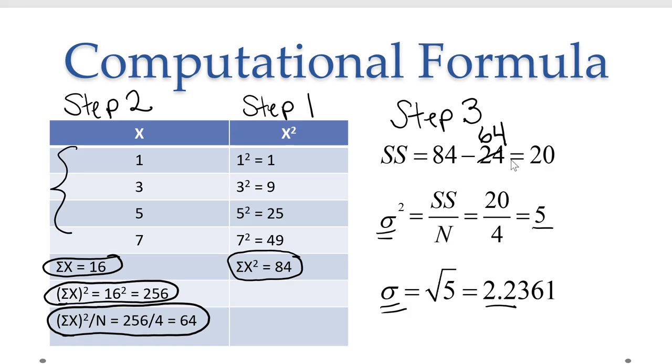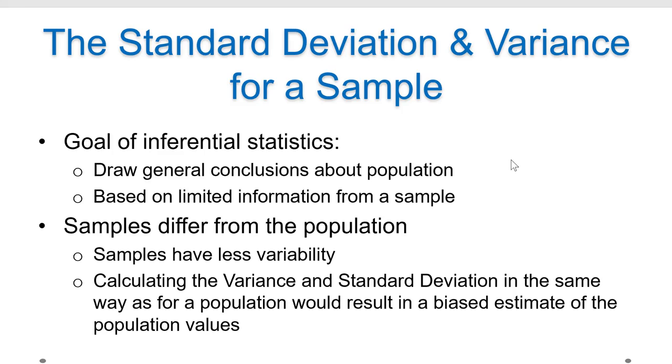One of the goals of inferential statistics is to draw conclusions about the population based on limited information from a sample. Samples are different from populations.